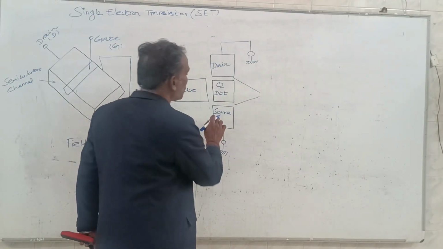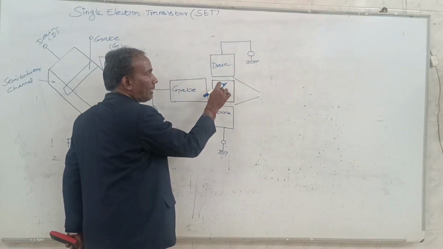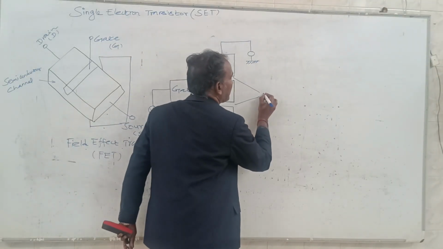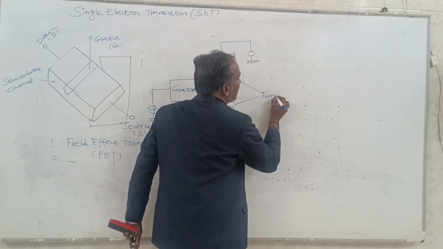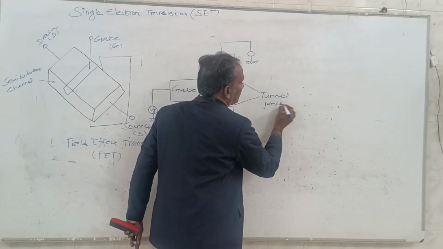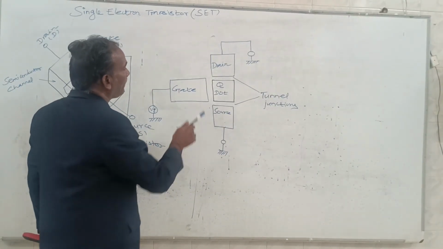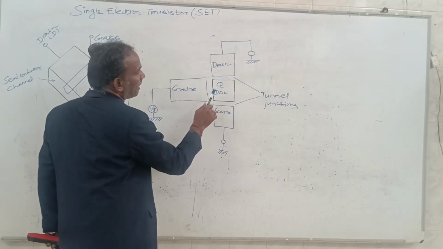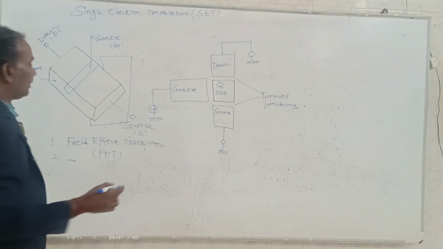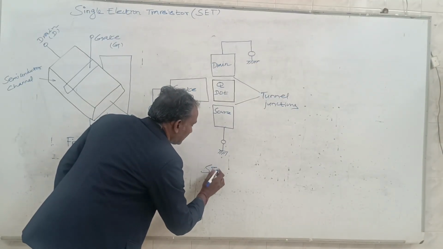In between the source and the quantum dot, and between the drain and the quantum dot, we have a gap. These are called tunnel junctions. Between the gate and the quantum dot, we have a gate capacitor. So this is the SET, single electron transistor.